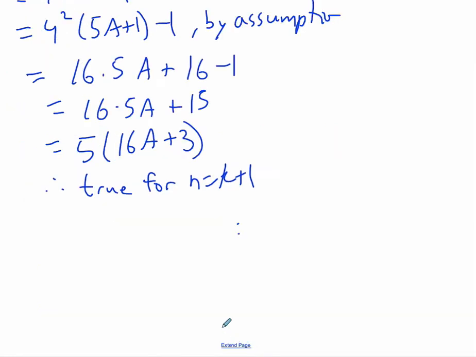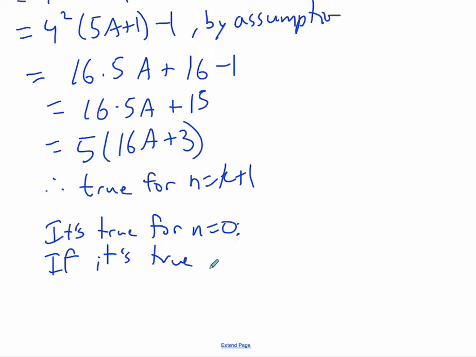And then we can write: it's true for n equals 0. And if it's true for n equals k, then n equals k plus 1 is also true.